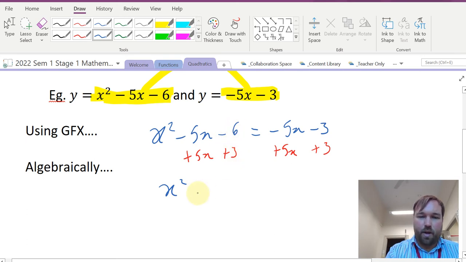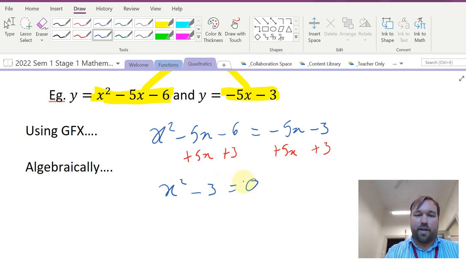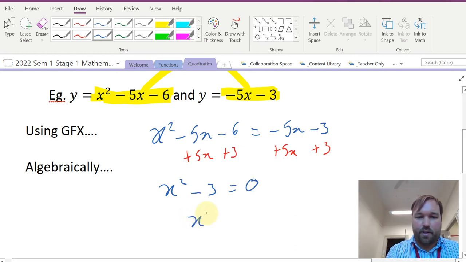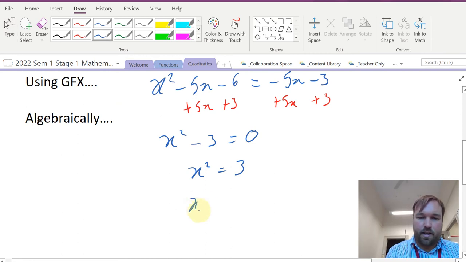Minus 6 plus 3 is minus 3 equals 0. Oh, that worked out pretty nicely actually. If we're here, well, we know that we can solve it directly. We add 3 to both sides, so x squared equals 3. We square root both sides, x equals plus or minus root 3.